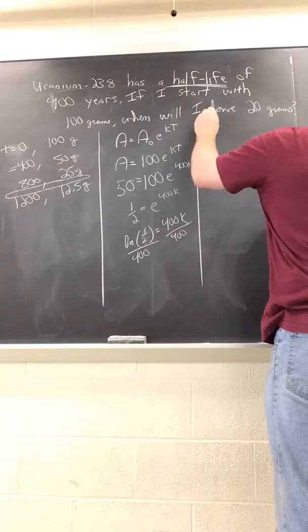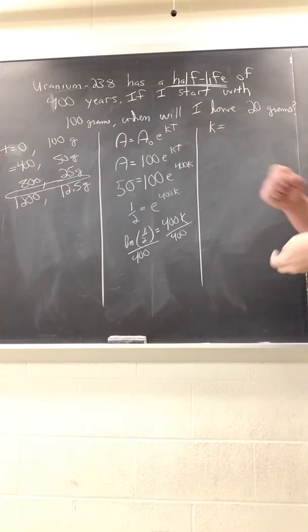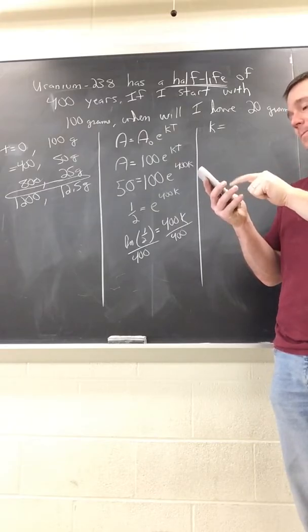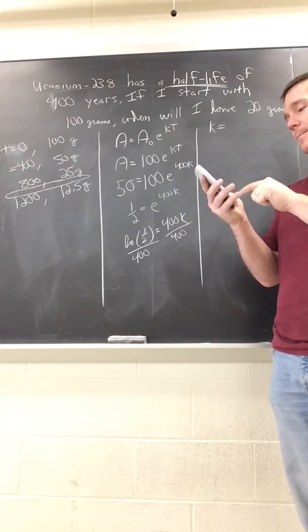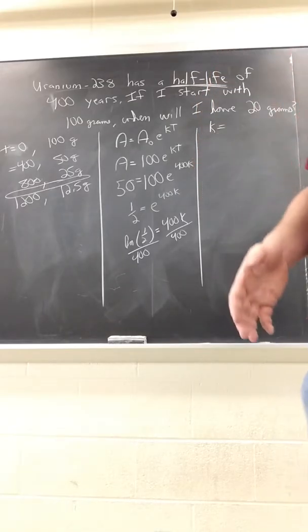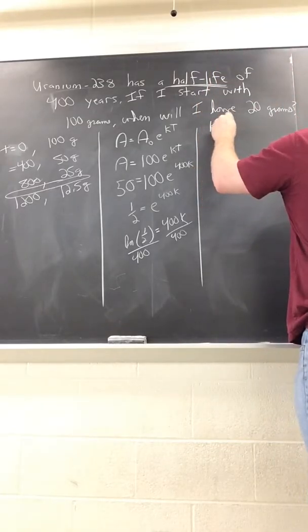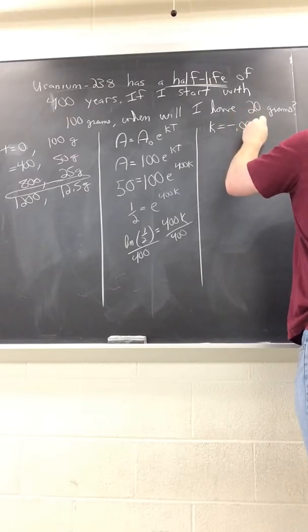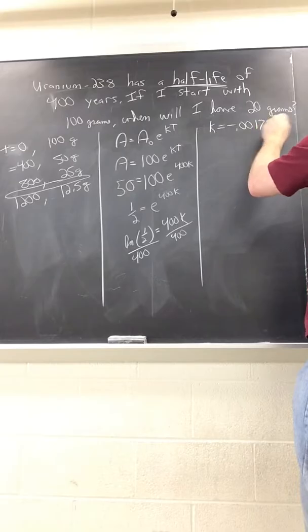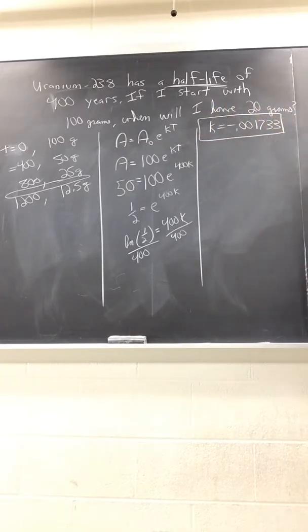And I get that k is equal to ln of 1/2 divided by 400, which is negative 0.001733. Now I have my k.